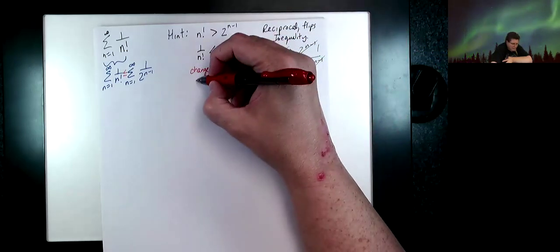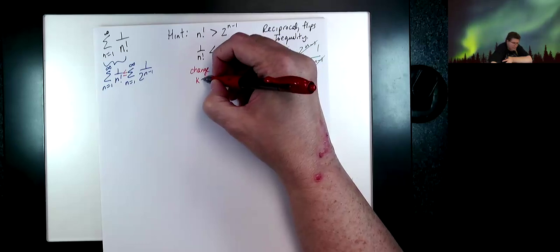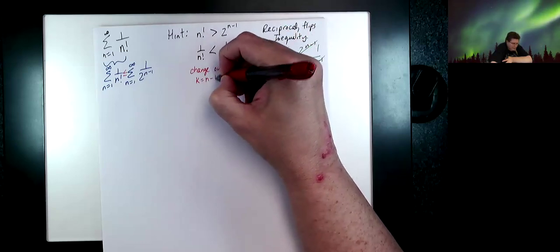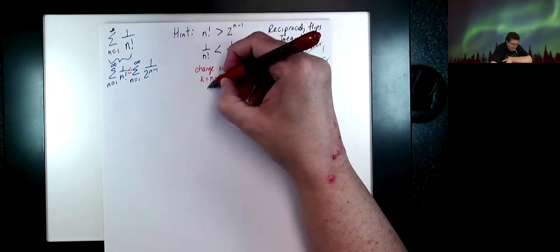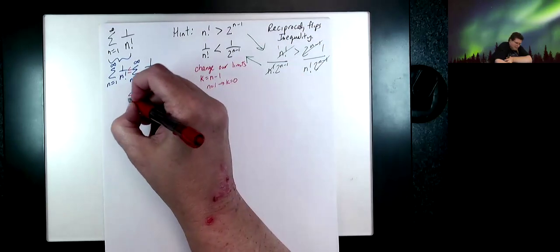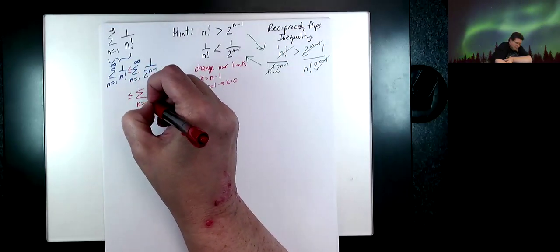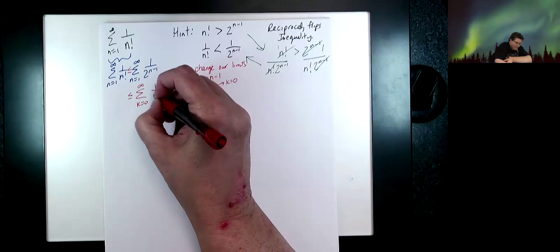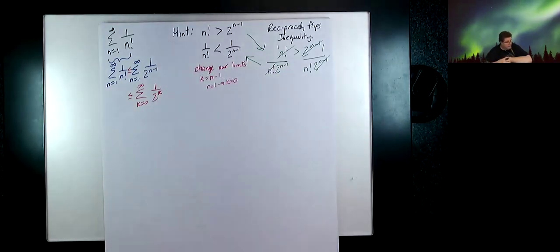If I wanted to change my limits, I could say k equals n minus 1. And that means n equals 1 is going to turn into k equals 0. And this is rewritten as the sum from k equals 0 to infinity of 1 over 2 to the k. That's probably the easiest way to do it.